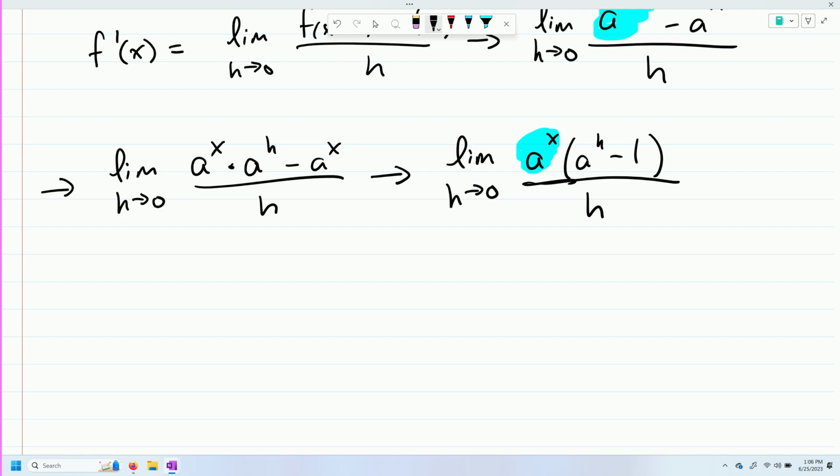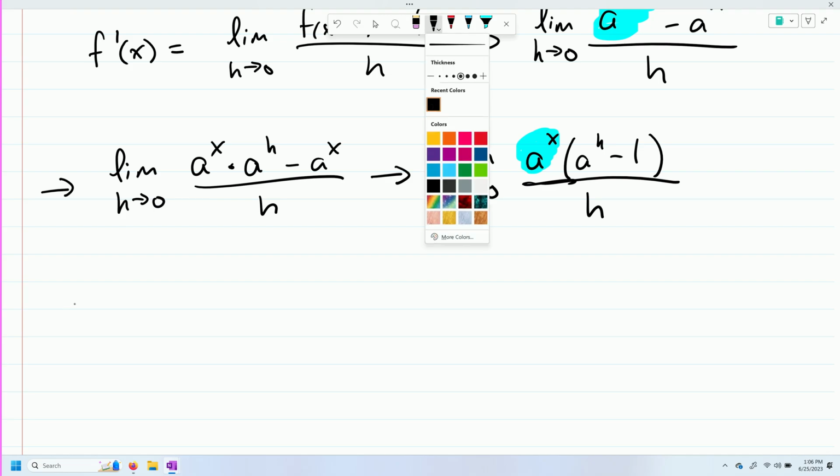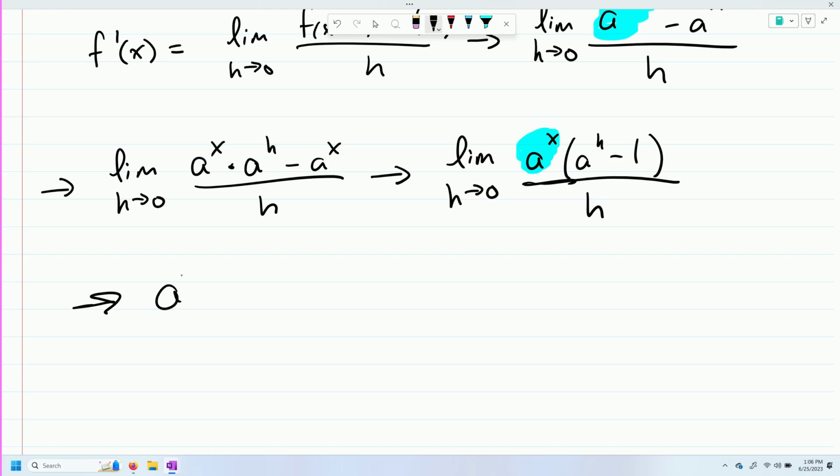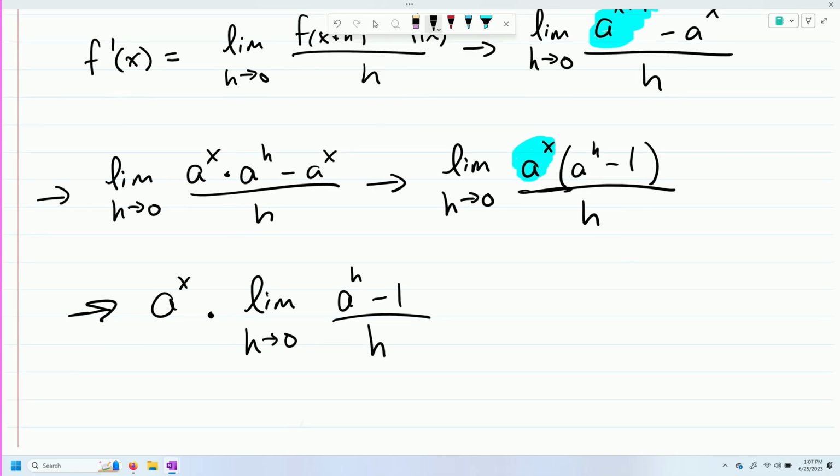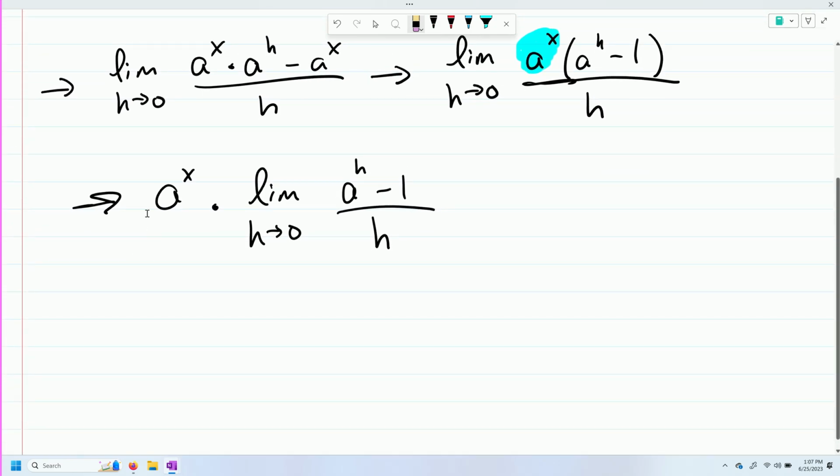So, using our rules for limits, I'm going to just take that and put it out front. So, we get a to the x times the limit as h approaches 0 of a to the h minus 1 all over h.